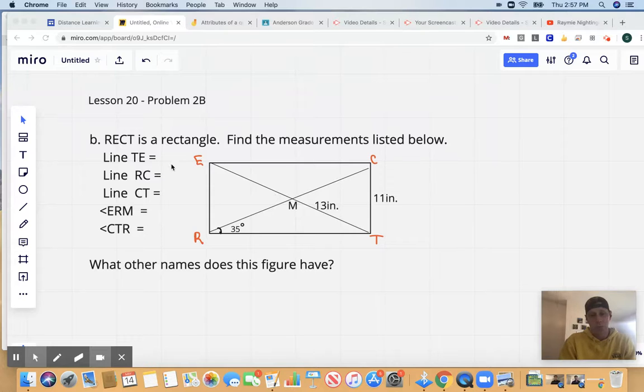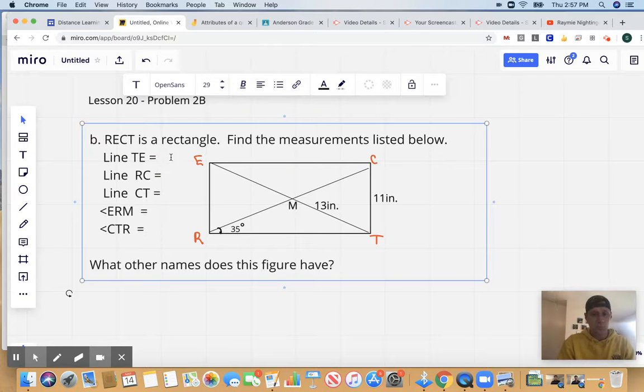So what do we need to do? Yeah, we need to double it. 13 times 2, or 2 13s, is 26 inches, okay? What about line RC? R in this vertex all the way to C in this vertex. Wait a second. I think they're asking us the exact same question, right?